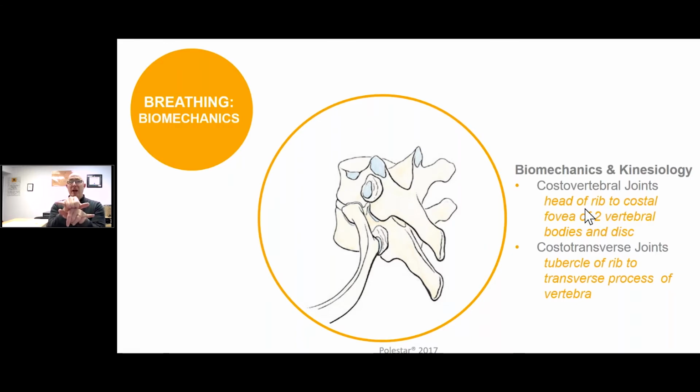What happens in side bend? So if I side bend to the right, yeah, then what's happening is my vertebrae are tilting in this direction, also tilting to the right. So on this side, that lower rib is going to be pushing up. So on my right side, the lower rib is coming up.